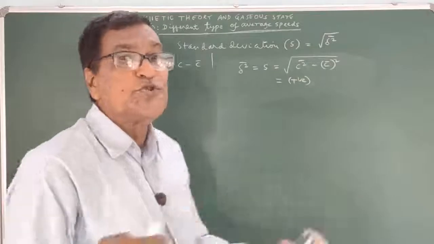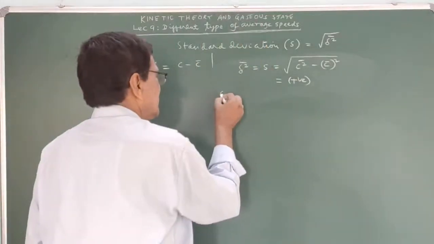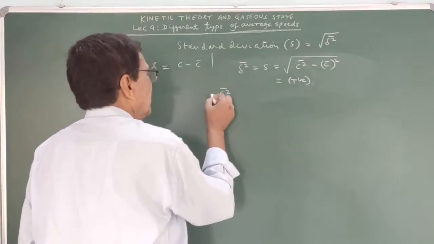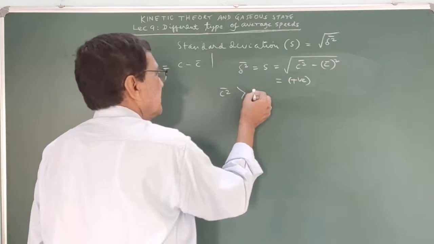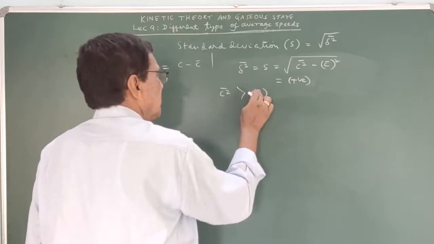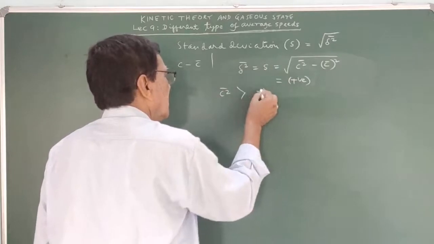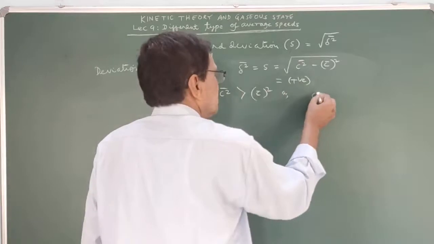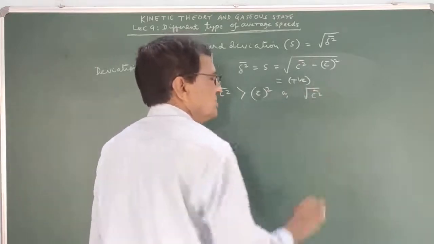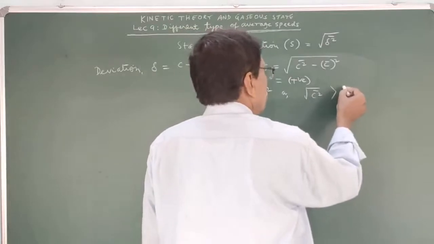This shows that root over C square bar is greater than C bar, or you can write that the RMS speed is greater than the average speed.